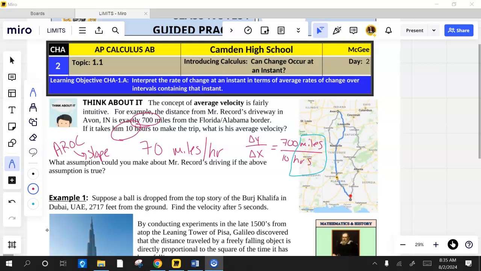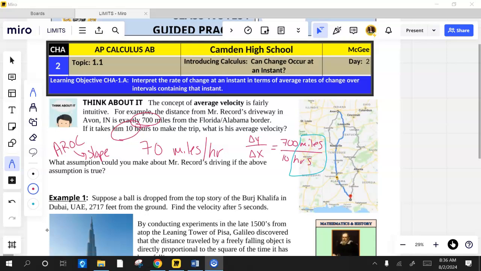This is actually a theorem too. What if the speed limit were 60? He definitely at least one time sped, right? Maybe not the whole time. This is just the average, but at some point he had to hit the average, right? Does that make sense to y'all? You can't have that average and not have at least hit it at some point. That's a lesson for another day, though.